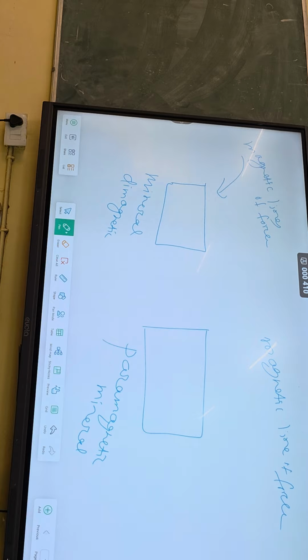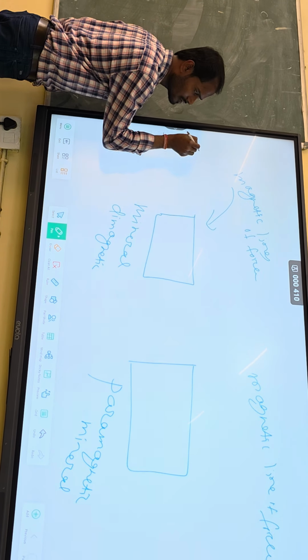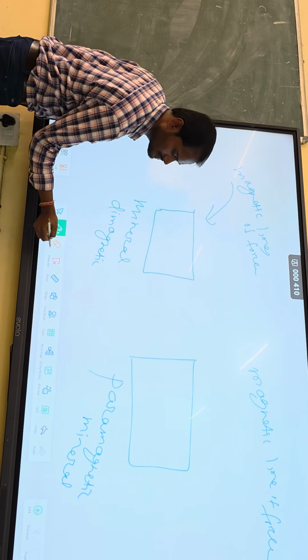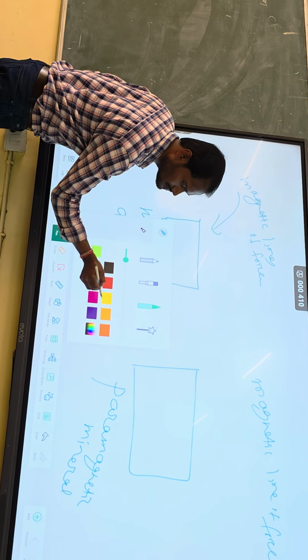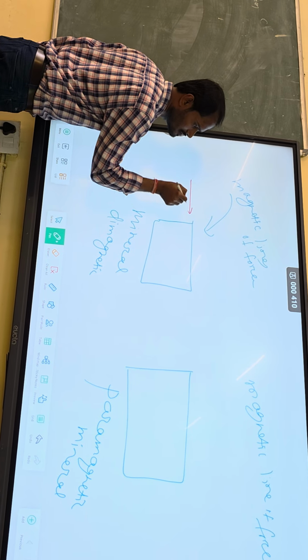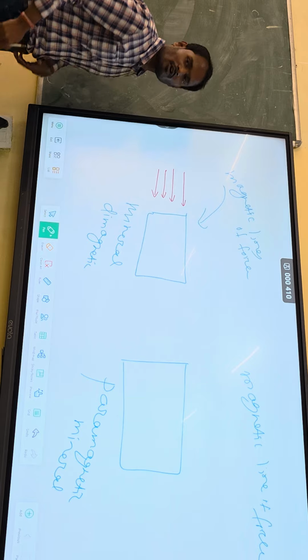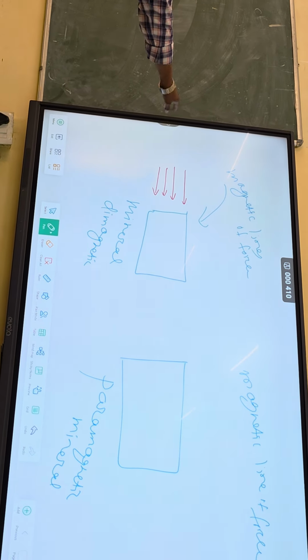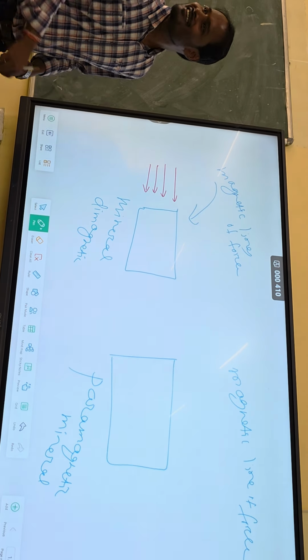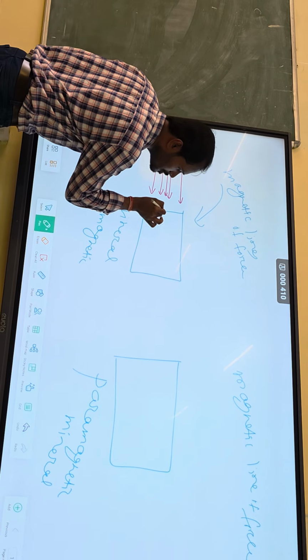So magnetic lines of force, suppose they are like this. Fine. This is a magnetic line of force. So what will happen? This should go through this mineral, but what will happen? Oh, this is another one. So the situation will be like this.